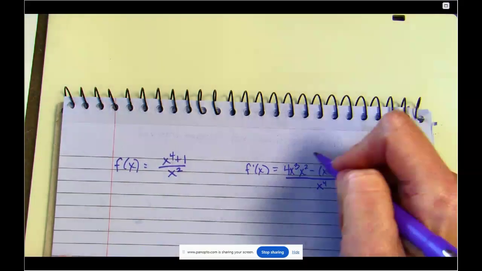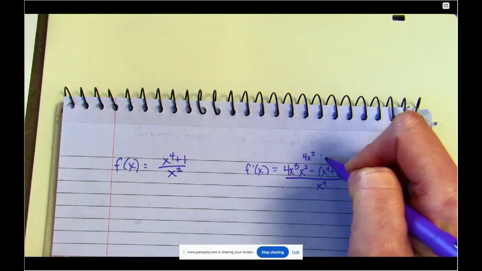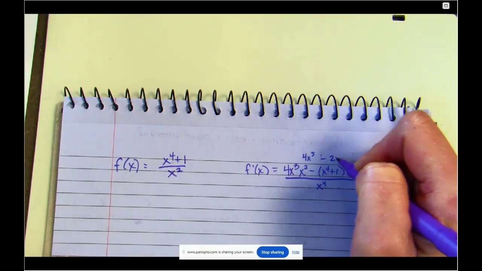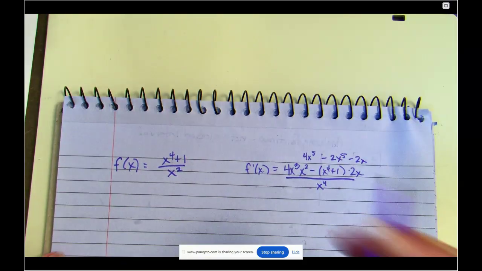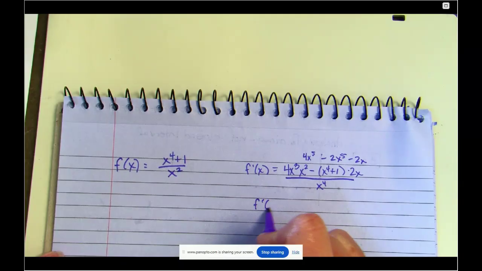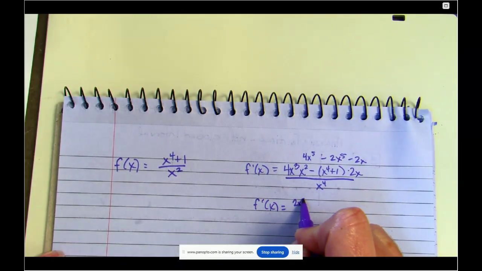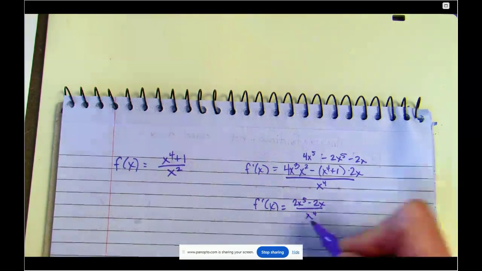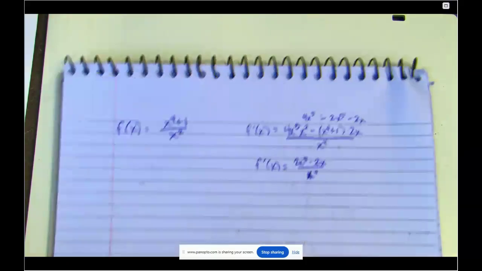So this is 4x to the 5th minus 2x to the 5th minus 2x. So the top of this, I just did the derivative for you, is 2x to the 5th minus 2x over x to the 4th. We're not done yet. What do you need to do?